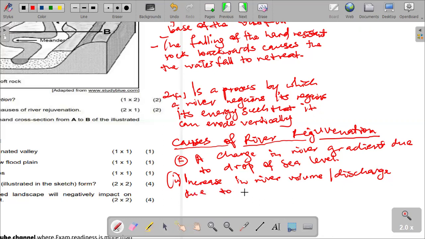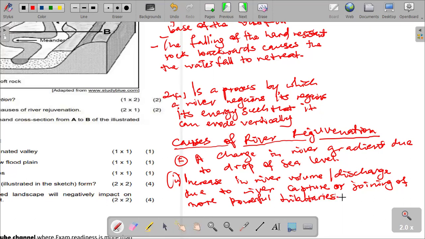An increase in river volume or discharge can be caused by river capture, like we said before, or simply by the joining of more powerful tributaries.